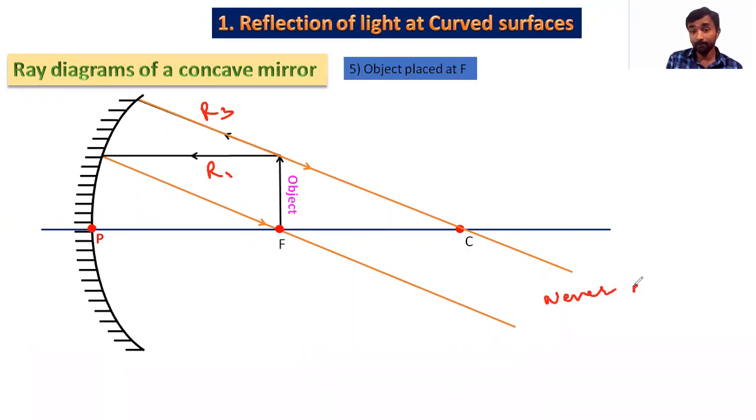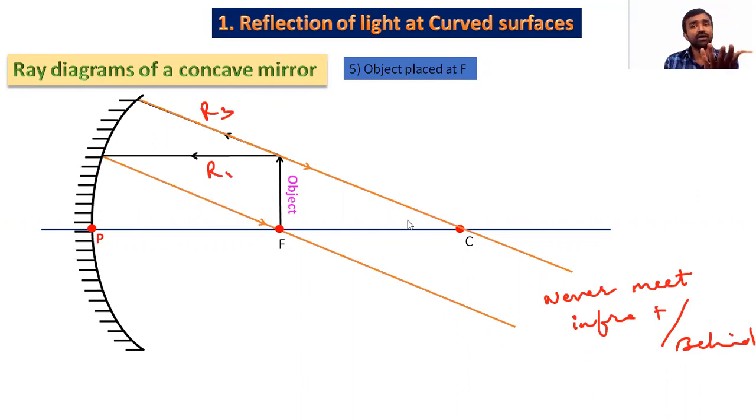They never meet in front of the mirror or behind the mirror. Anywhere, they cannot meet. So in this case, where can we get the image? You cannot find it. I am unable to find it by moving any distance in front of or behind the mirror. Behind the mirror, it is impossible to move an infinite distance. It is only possible in front of the mirror.